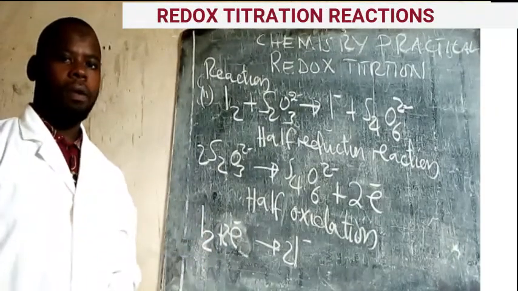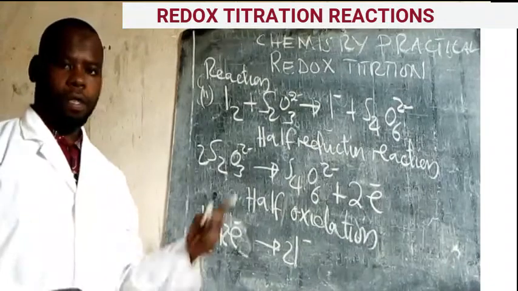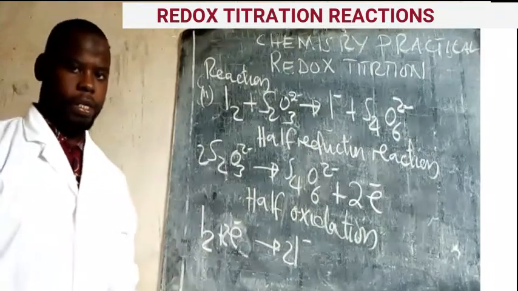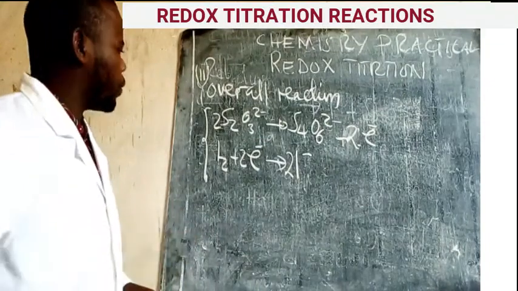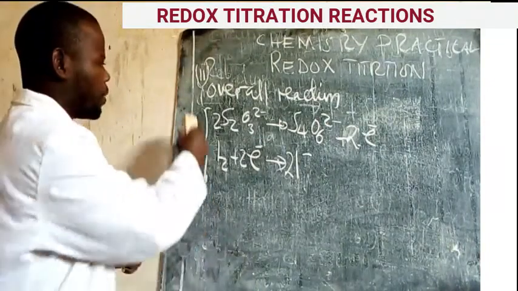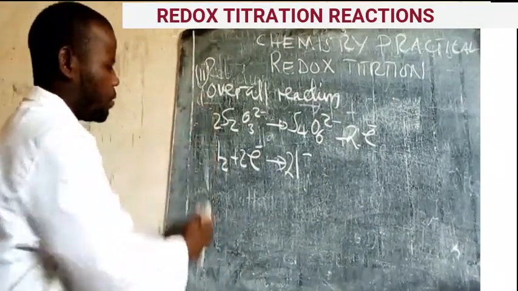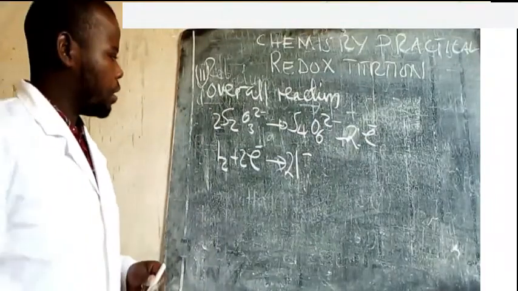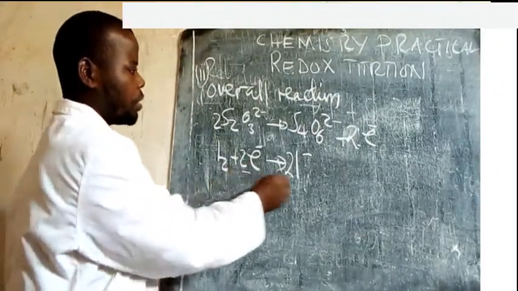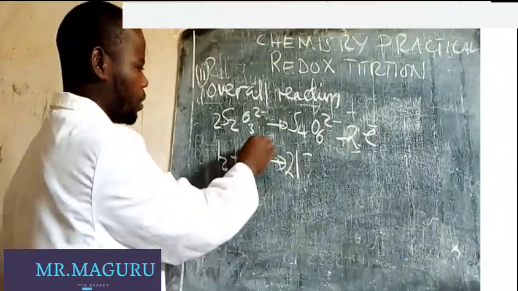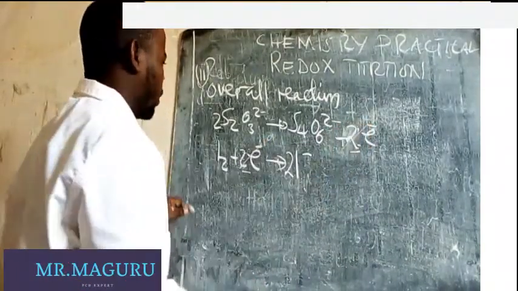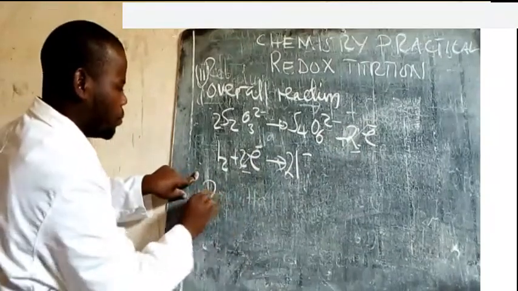That is our solution for this redox reaction. Overall reaction for this one, you have to look if there is no need of putting this one, you can remove it. Then you look, this one and this one are the same, so we cancel this one.